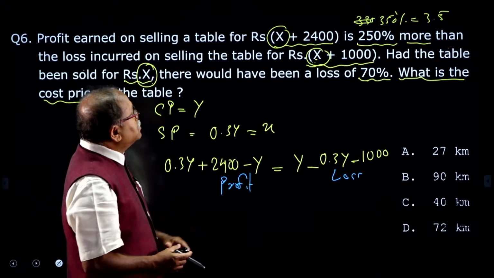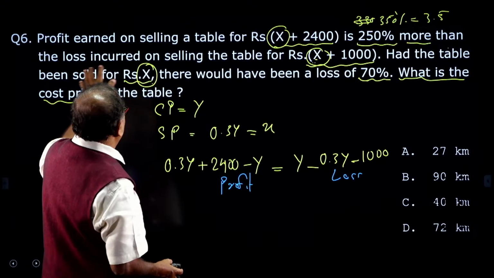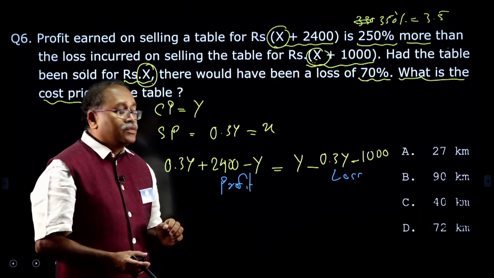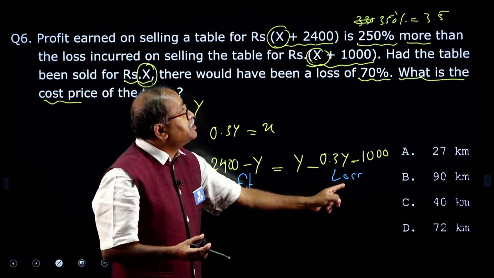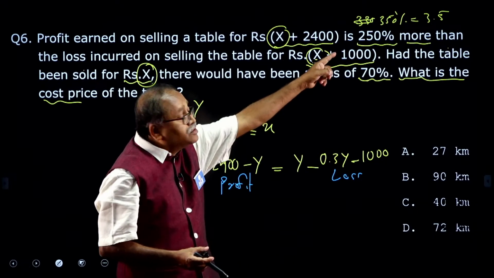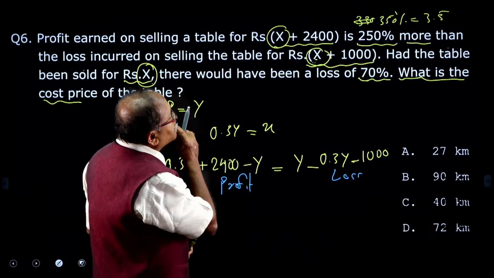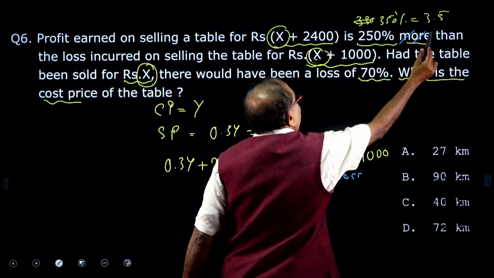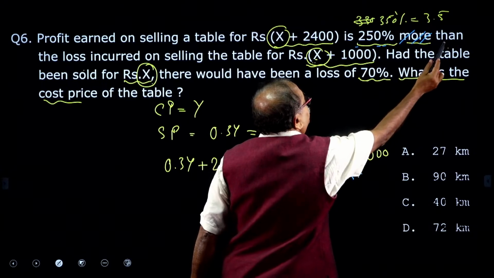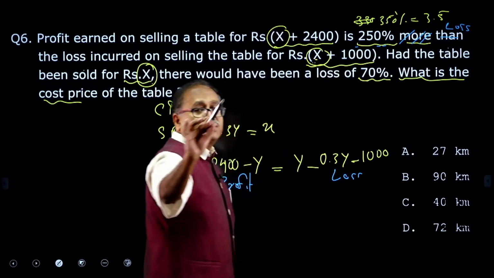And what it is said, the profit is 250% more than that of loss. So, this profit is equal to how many times of loss? More than. No, it is not more than 250% of loss. I am extremely sorry.